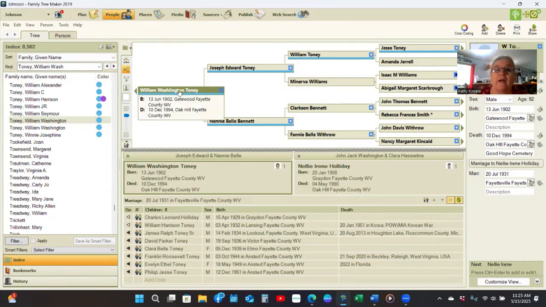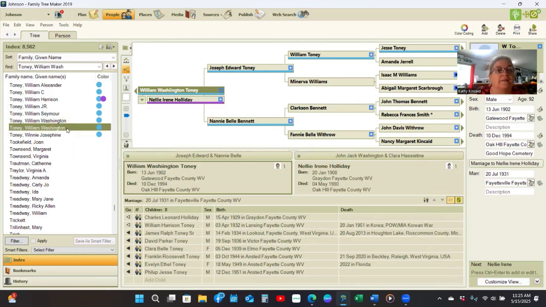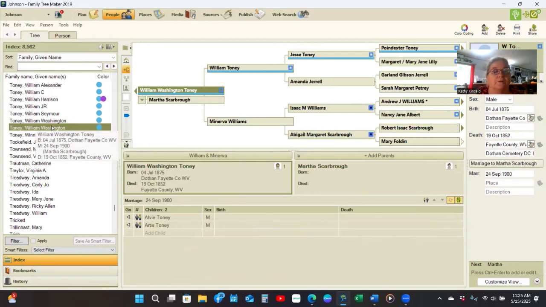However, the one I found is Martha Scarborough, is this William Tony. So I want to verify the information on this William Washington Tony. If you chase it back down, let's go down where we're at.